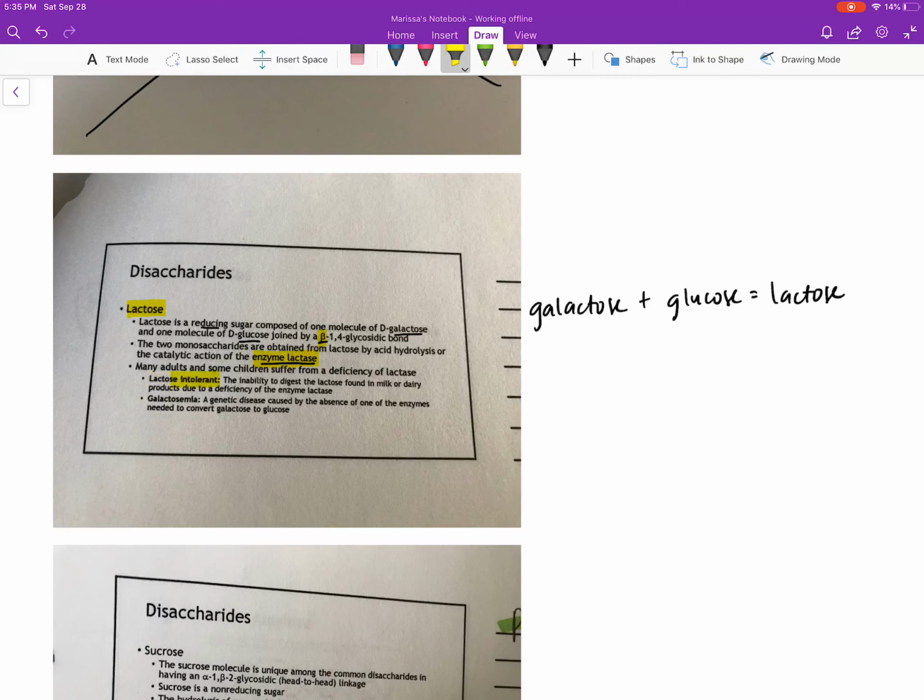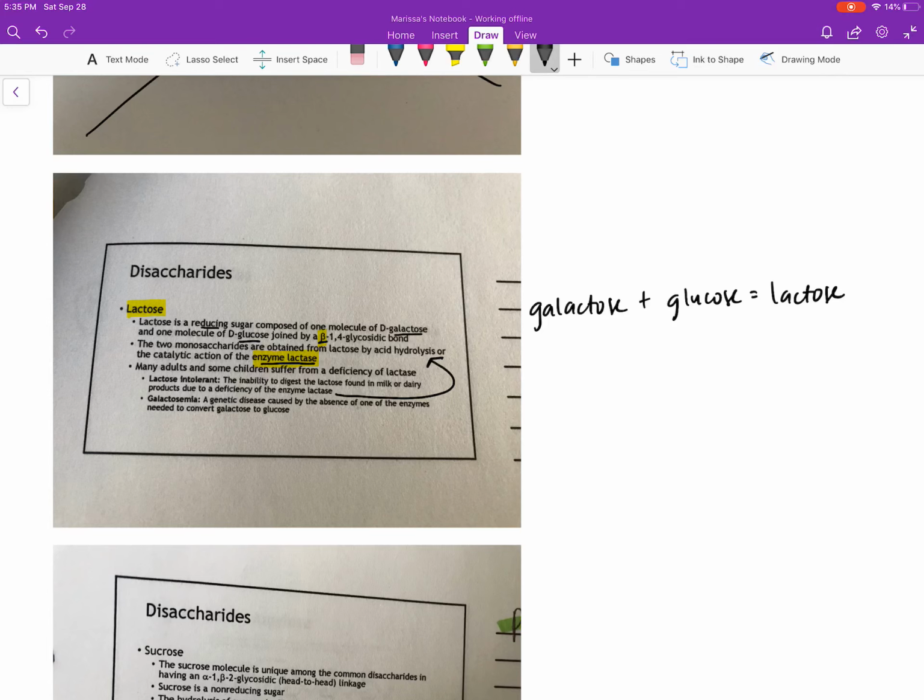Lactose intolerant is the inability to digest lactose found in milk or dairy, so things that you eat or drink, due to the deficiency in the enzyme lactase. Because what it means is it cannot break down this right here, okay? Because the enzyme lactase is absent, or it doesn't work very well. So you will take things like Lactaid, which will aid in all of that, or you avoid dairy altogether, maybe almond milk, soy, and so that's what it means to be lactose intolerant, and that's what the cause of it is.